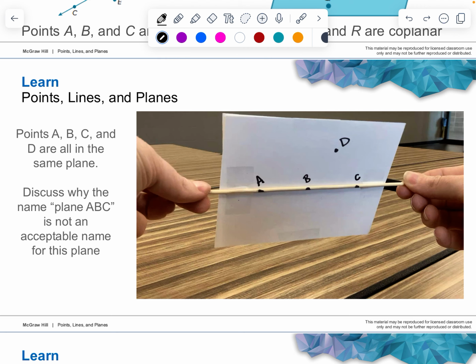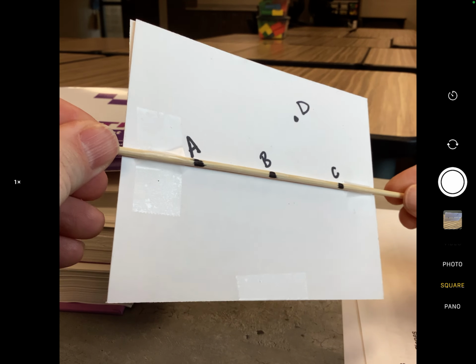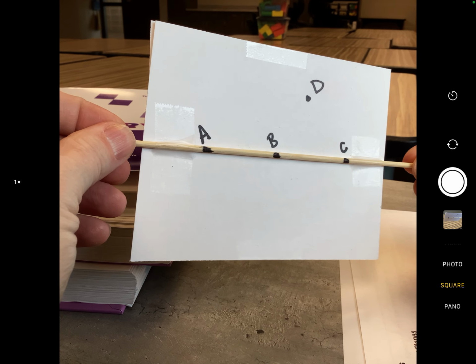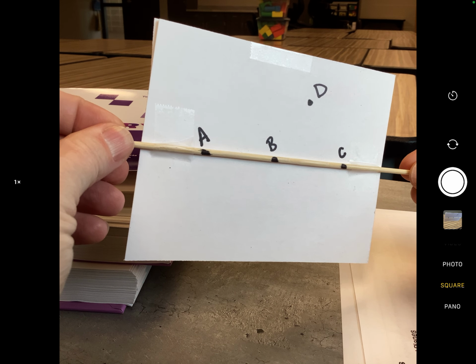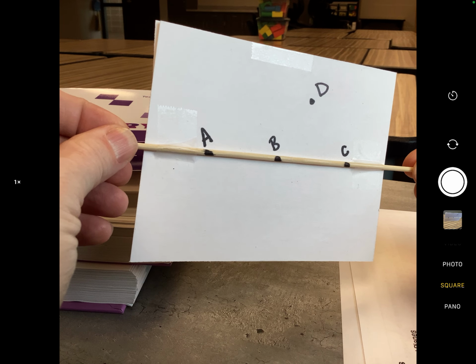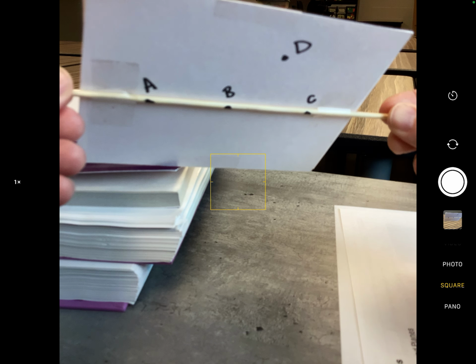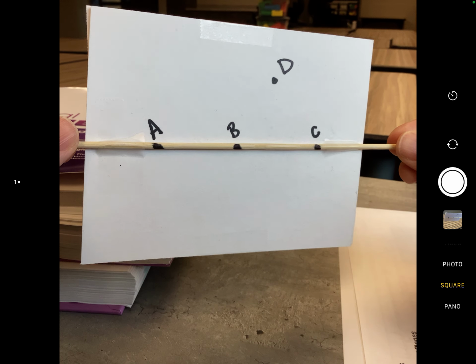The reason, hopefully the reason you came up with why ABC is not a good name for it, is because, if we locked this into this angle right here, like plane ADC, exactly in this orientation is not the same as exactly in this orientation, right? It's just not the same. They are not the same plane. They're in different angles, right?